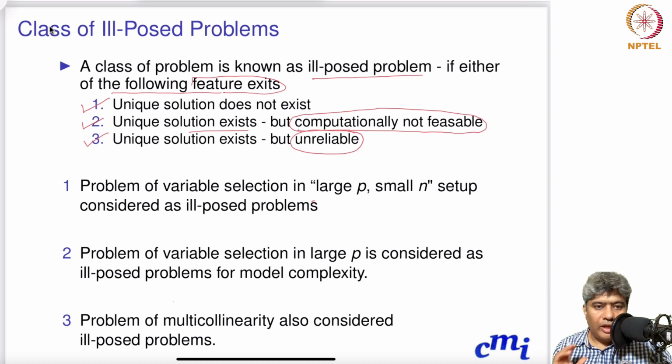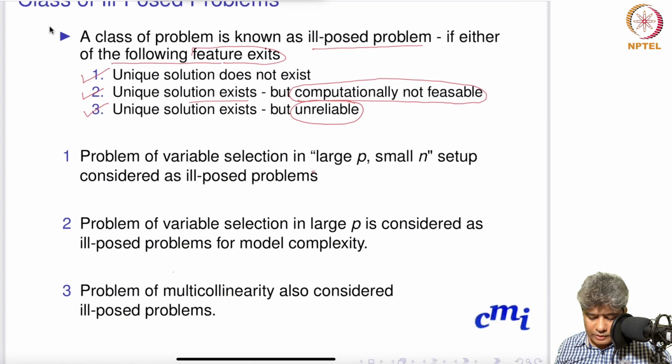Now I will give you three examples of all three cases. First example, example 1: the problem of variable selection for large P and small n.